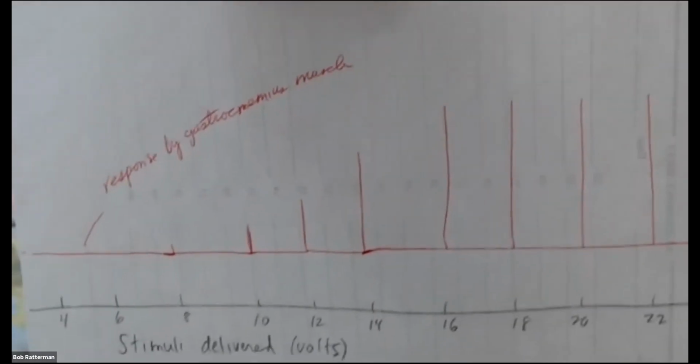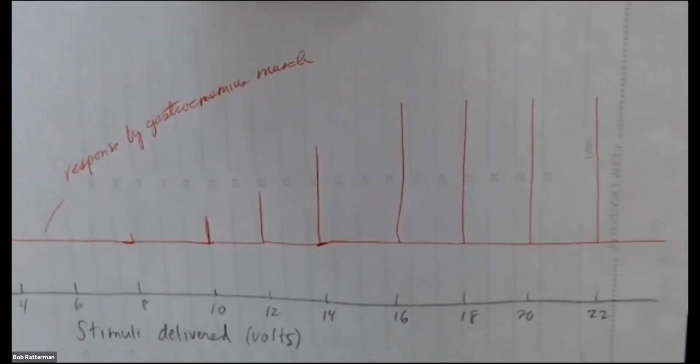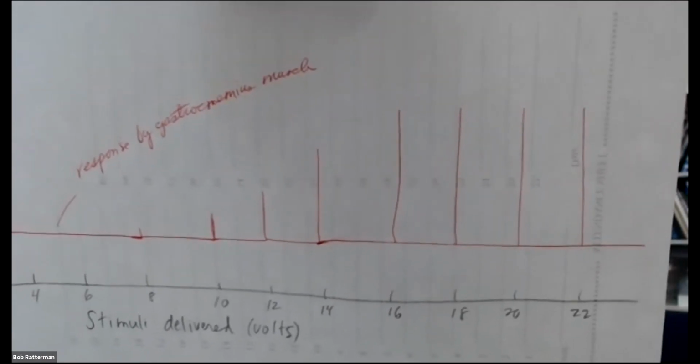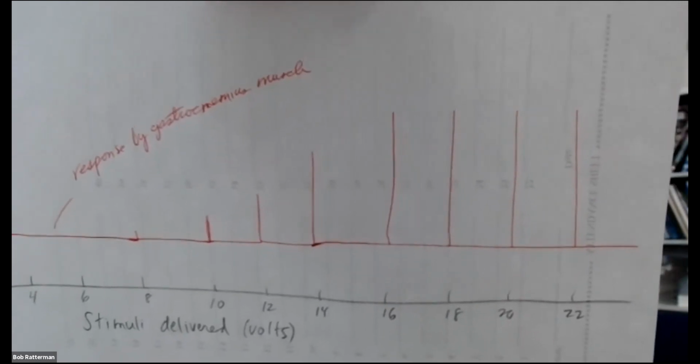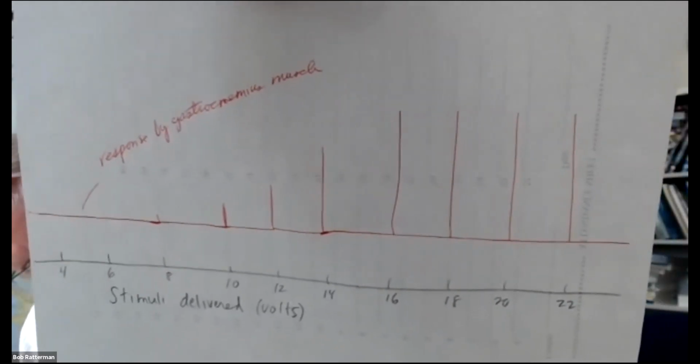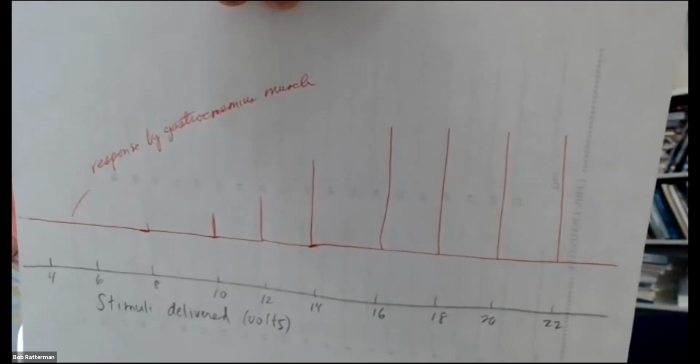What starts to happen at 8 volts? You can see the muscle begins to respond, right? And at 10 volts, what happens? It responds a little bit more. Right, exactly. And it continues to go up, doesn't it?